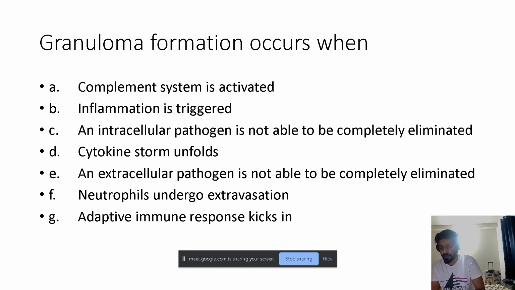So that's the idea of granuloma. Inflammation need not occur. In case of TB, there's not much inflammation inside your lungs. So granuloma does not depend on inflammation. It most likely occurs when an intracellular pathogen is not able to be completely eliminated by your immune system.